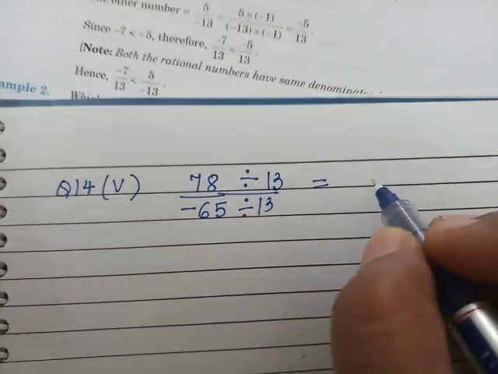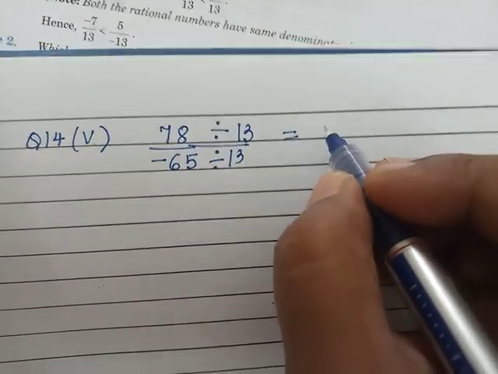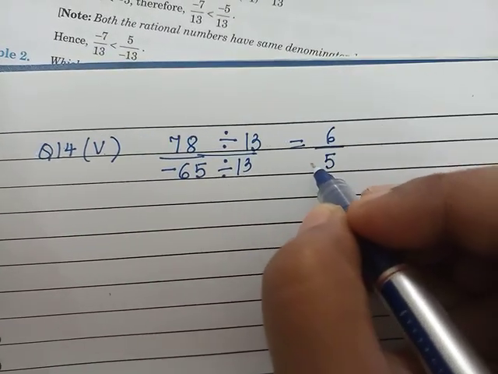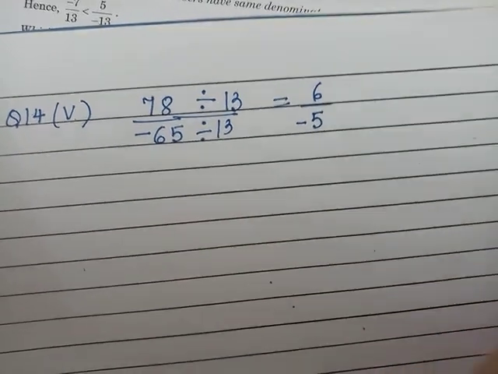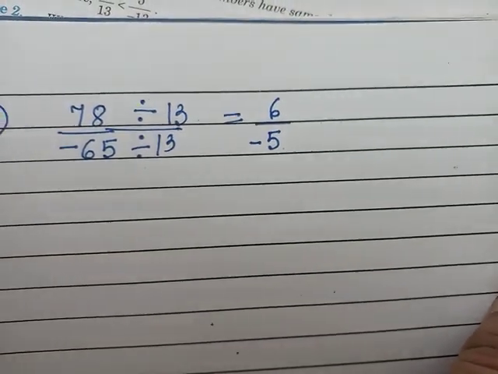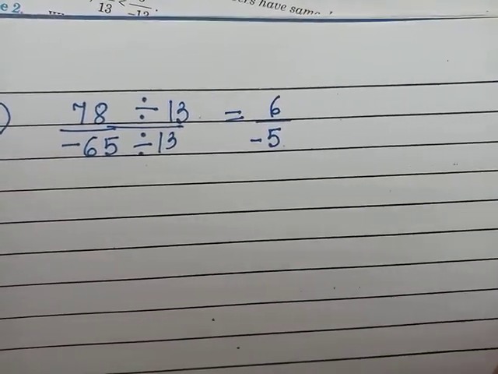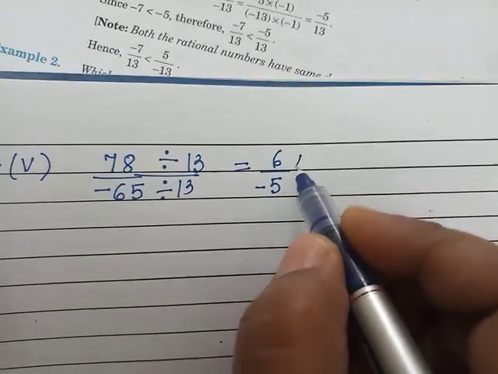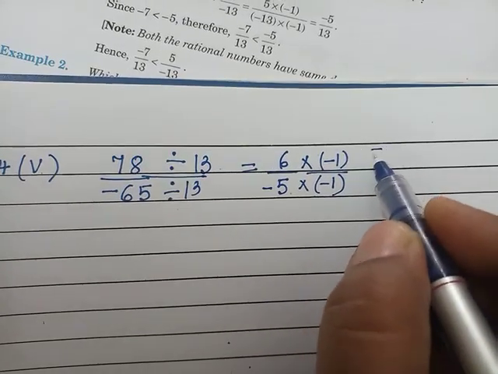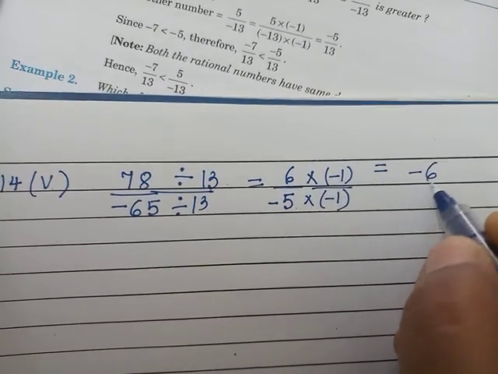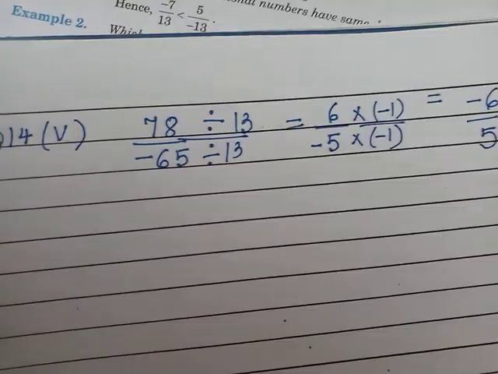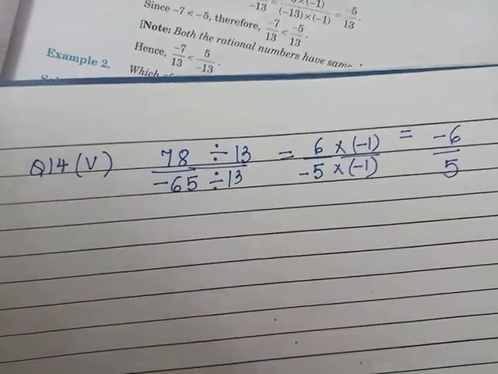What will we get? 13 6s are 78, and 13 5s are 65. We got 6 upon minus 5. It is in the simplest form. Okay, but remember, in standard form negative cannot be there in the denominator, so we multiply by minus 1 in the numerator as well as in the denominator. So it becomes minus 6 upon 5. So this is the standard form of 78 by minus 65. Okay children.